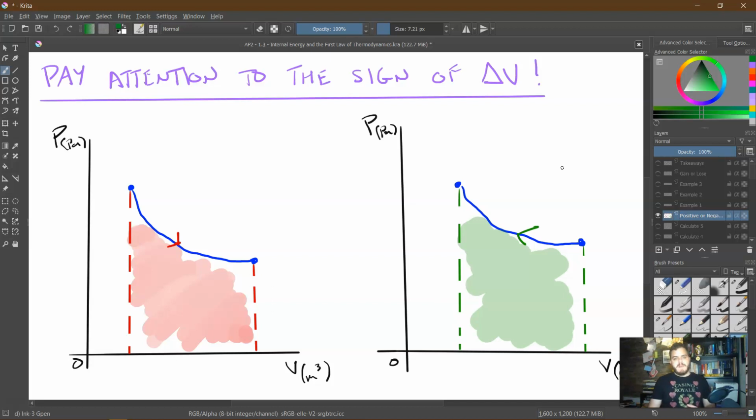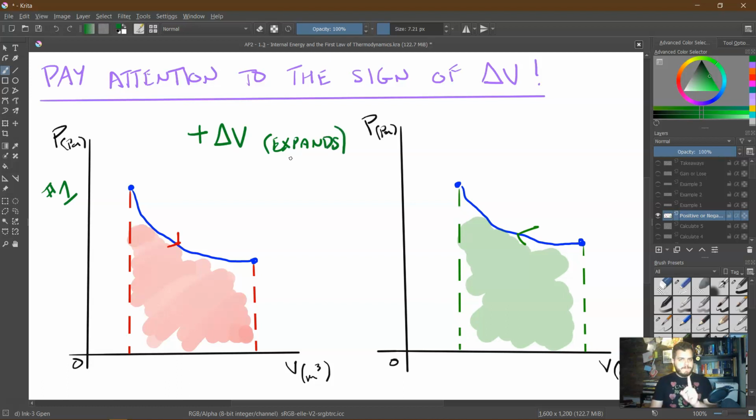For instance, let's look at this first PV diagram here, number 1. If I look at the process here, my volume is getting bigger. So there is a positive change in volume as the gas expands.